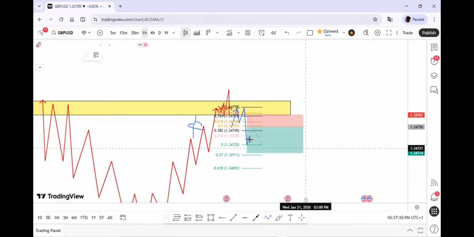And you wait for price to trigger your limit order, and all you have to do now is be patient for price to do its thing.